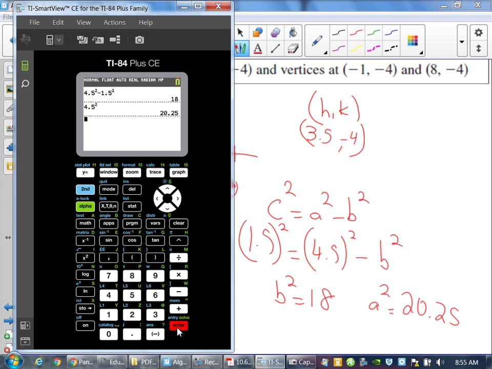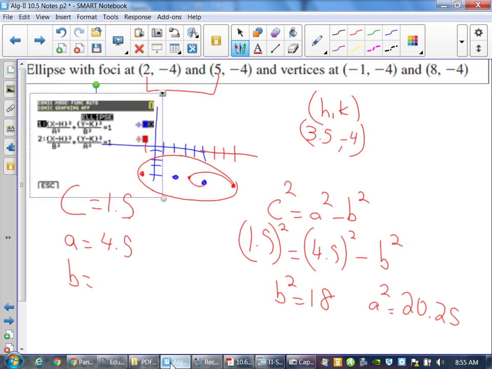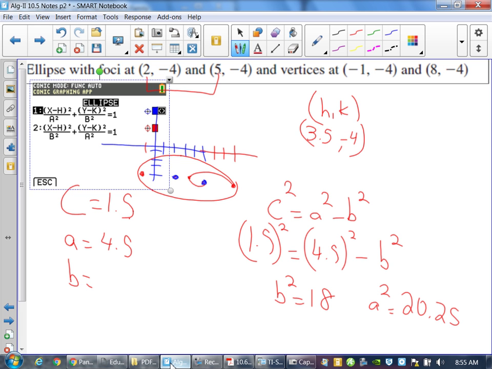Do I need to find out what the value of b is for this at all? Nope. Just write the equation. All I need to know is a squared and b squared. Go back to my equation. Oh, I already had it out here, sorry. So it's stretched left and right, which means the larger of the two values goes underneath the x squared.